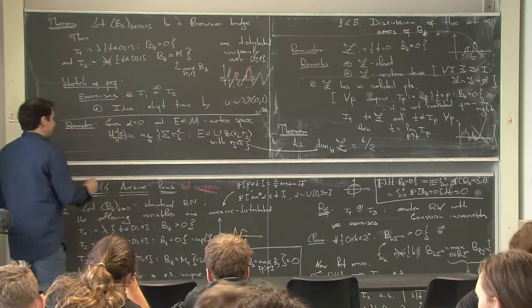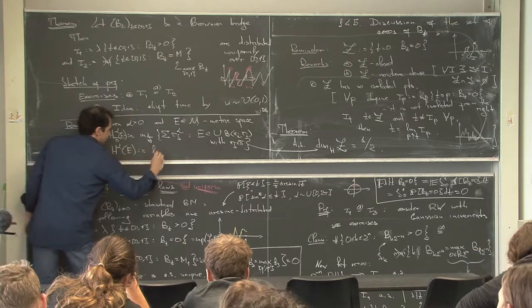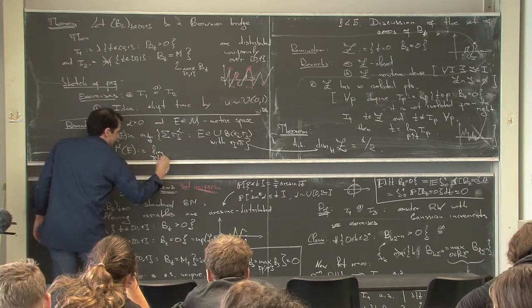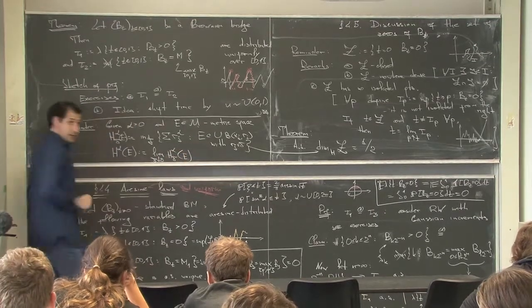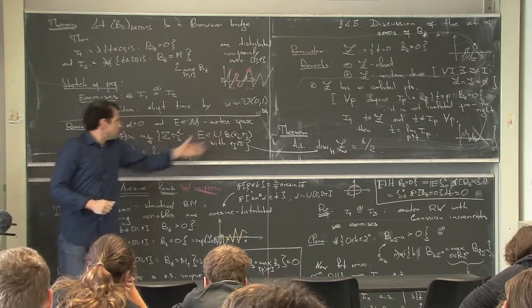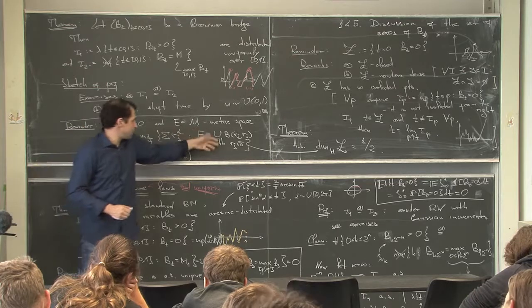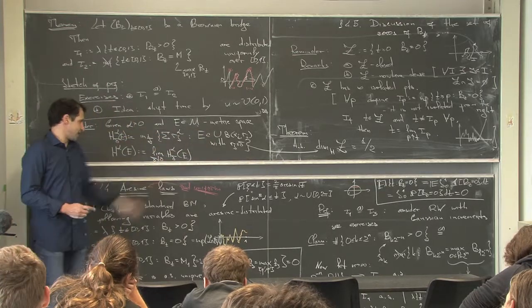And then you define H alpha to be the limit. When delta decreases, you have fewer and fewer possibilities, so these quantities increase.